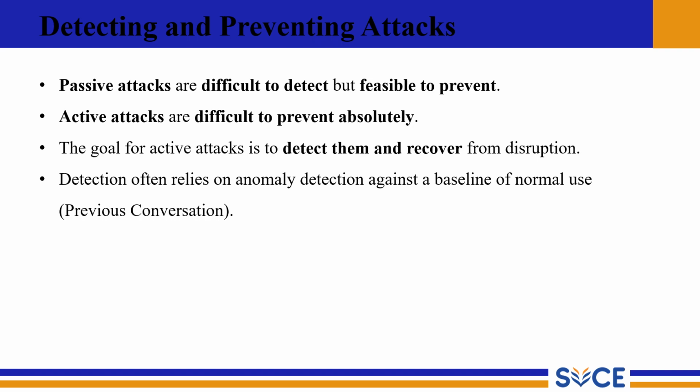Defense strategies differ for active and passive attacks. Passive attacks are very difficult to detect because they don't alter data, but it is feasible to prevent their success through strong cryptography.